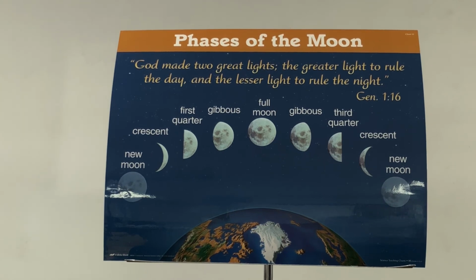You will need to be able to pick out those pictures as well and label them. So you're going from new moon to crescent. You have the first quarter moon, the gibbous moon, the full moon, and then it goes back around the other way. Gibbous, third quarter, crescent, and new moon.